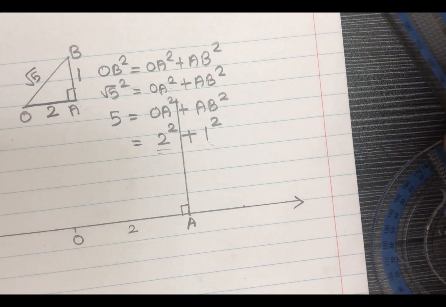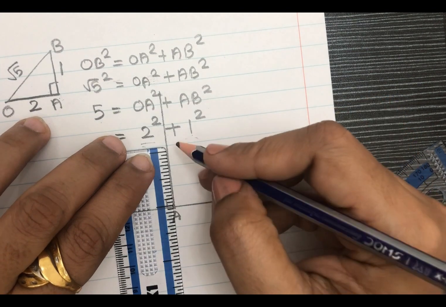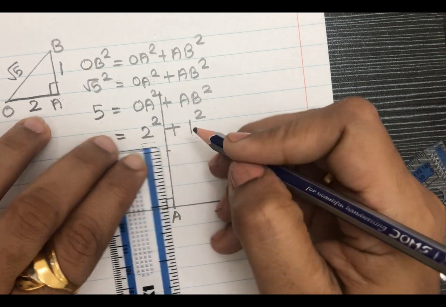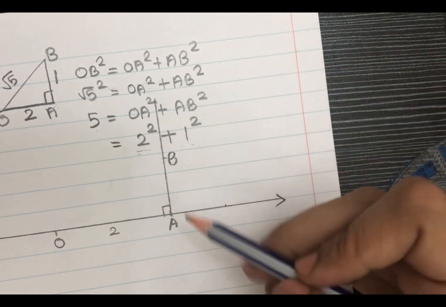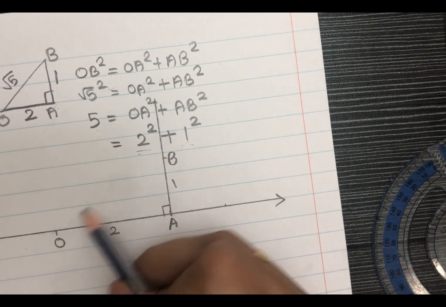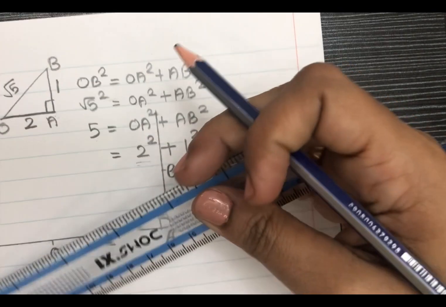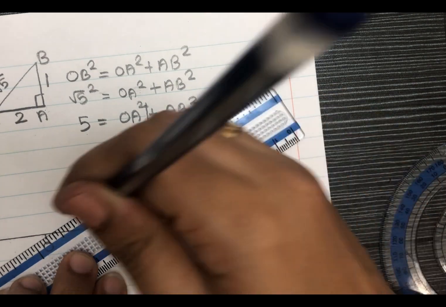It's very easy, you know. I marked my point B. Now AB is 1. Now if I join OB, what will I get? Yeah, root 5. So I am joining O and B.